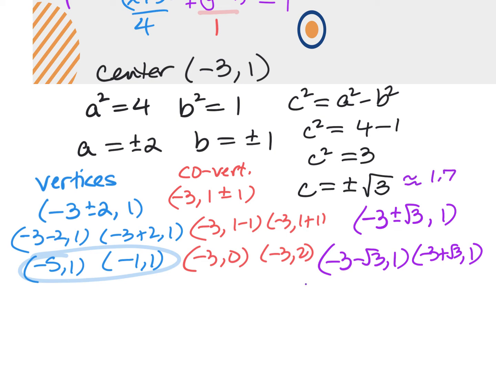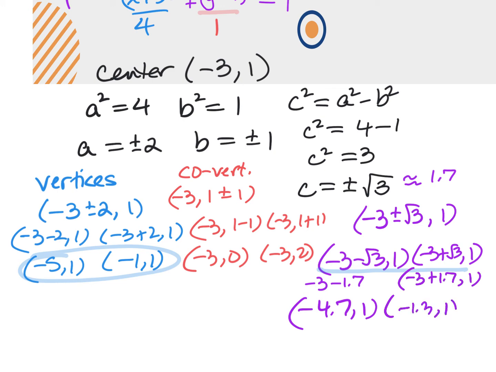So −3 − 1.7 gives me (−4.7, 1) that I would graph. When you're listing this on the test, I want you to list it with the radical, okay? But for graphing, you would approximate it. So −3 + 1.7 gives me (−1.3, 1).